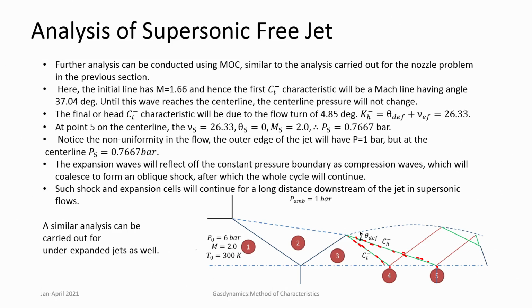Similar analysis can be carried out for underexpanded jets as well. Once the expansion waves reflect off the constant pressure boundary, we know they become compression waves and ultimately can coalesce to form a shock wave, which is what happens over here.